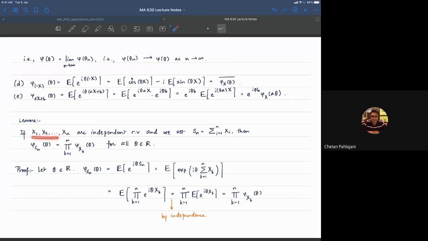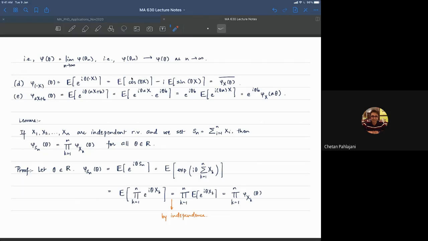If x1 through xn are independent random variables, and we set Sn to be the sum of xi, i going from 1 to n, then the characteristic function of Sn evaluated at theta is simply the product, k going from 1 through n, of the characteristic function of xk evaluated at theta, and this is true for all theta in R. So the characteristic function of the sum is the product of the individual characteristic functions. Of course, the requirement is that the xk's are independent.